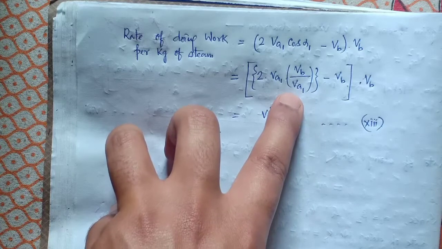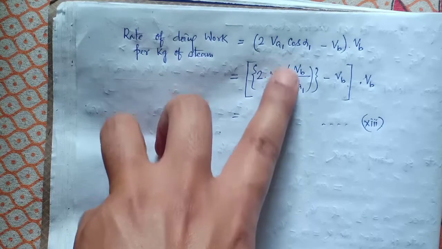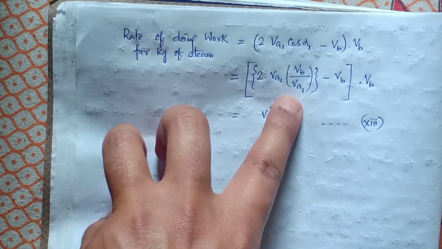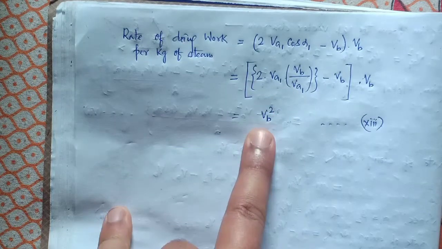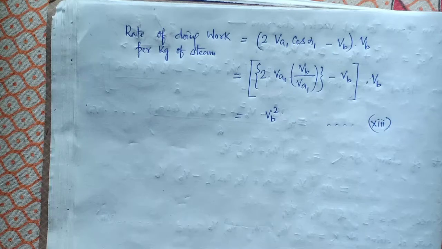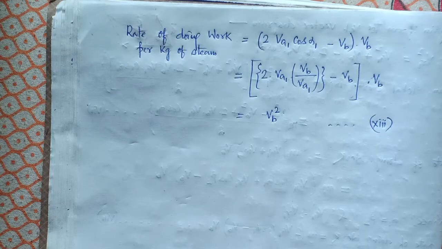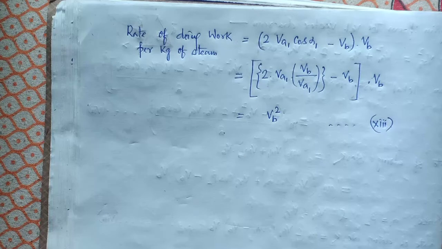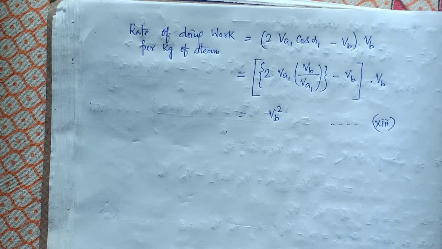In the place of cos alpha 1 we put the value of rho, that is VB by VA1, and we will have V square B. These are all the mathematical expressions of a reaction turbine. Many numericals may come related to these expressions. So thank you all for listening to this.